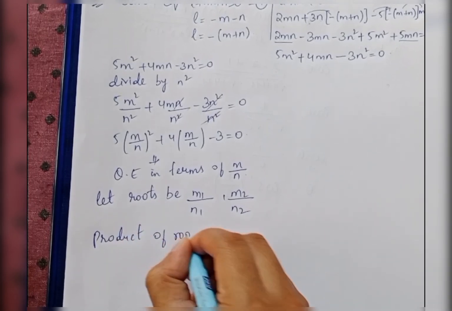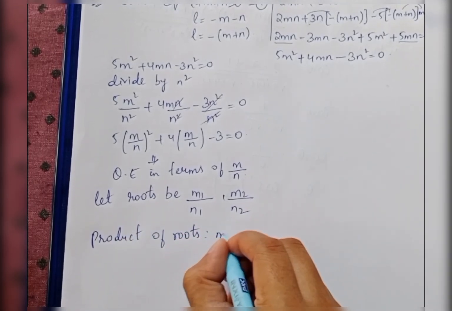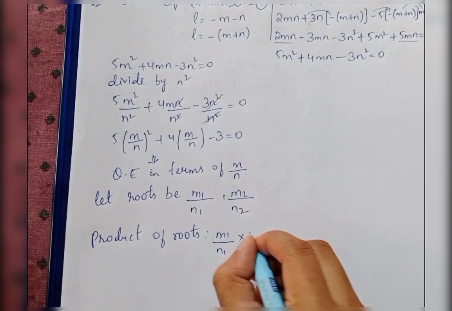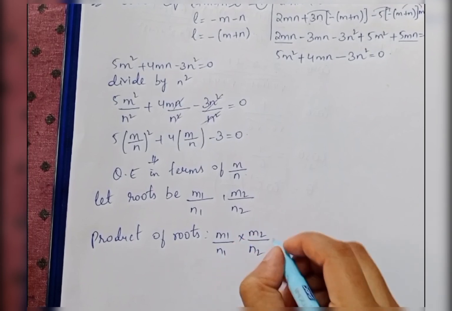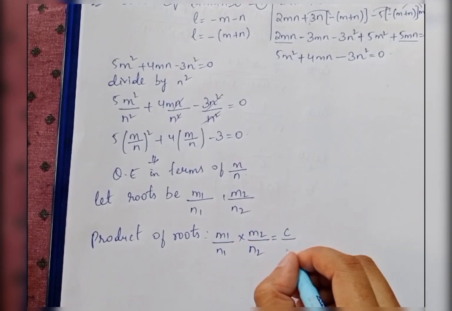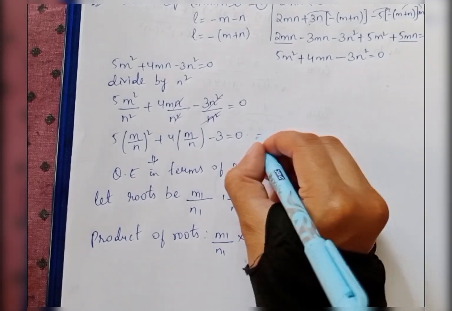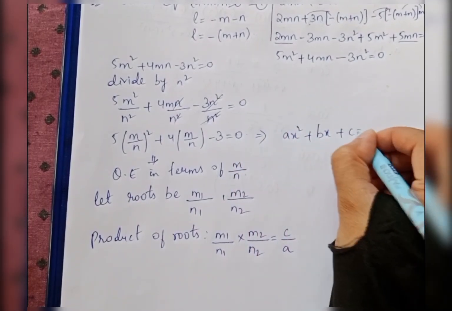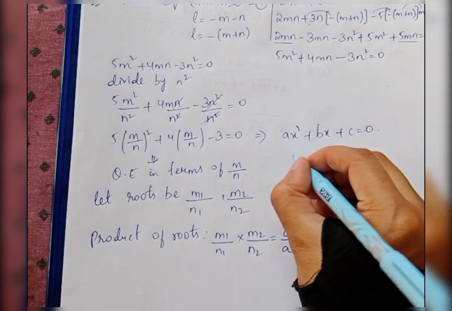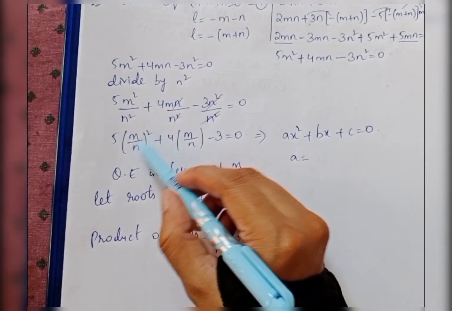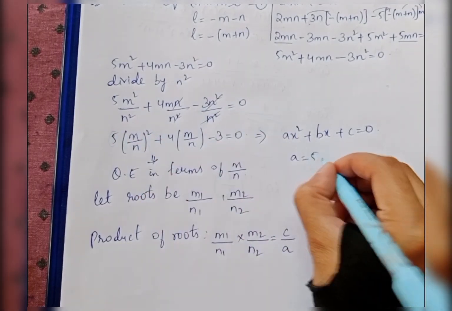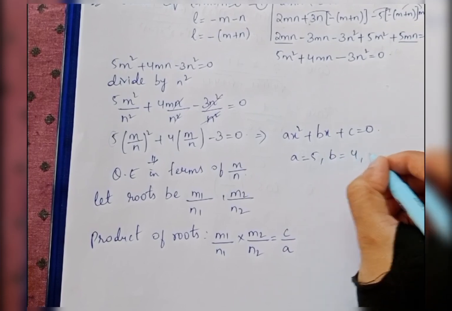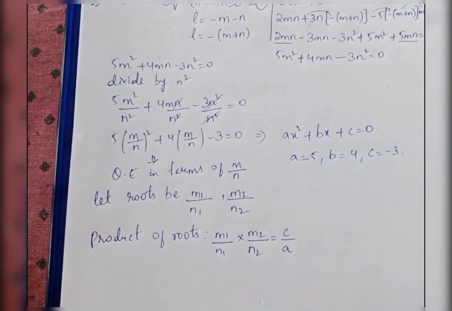So the product of roots will be m1 by n1 into m2 by n2 is equal to, the formula is c by a. So we compare this equation with ax square plus bx plus c equals 0. Here the coefficient of the x square term is 5, so a will be 5, b will be 4 and c will be minus 3.